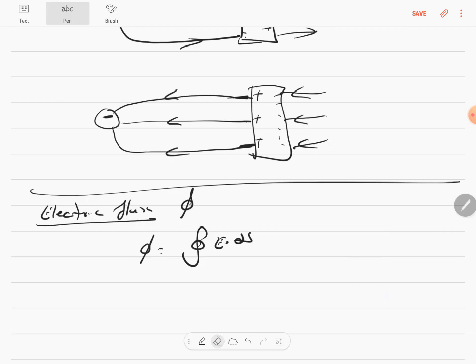In simple words, you can also say the number of electric field lines is what is referred to as flux. The total number of electric lines of force passing through unit area is also called flux.